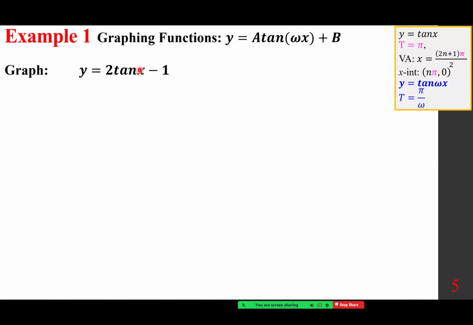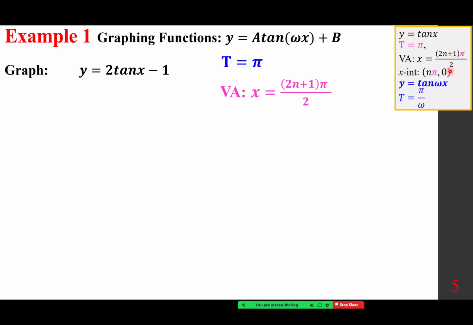So when you look at this one, in front of x there is no number, no coefficient. Period is pi. If there is any number, you divide by that. Take a look at this one. If it's omega, this is not w, this is omega. And so if T is pi, the vertical asymptotes happen at the same points, 2n plus 1 times pi over 2. X-intercepts are the same thing, n pi, 0.